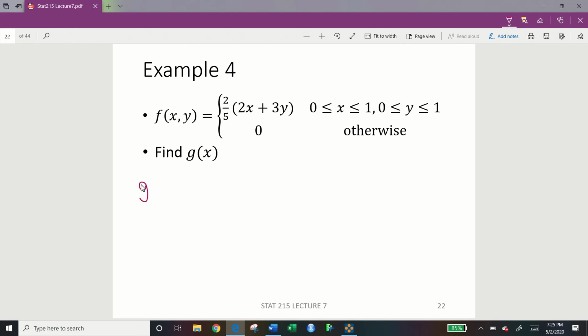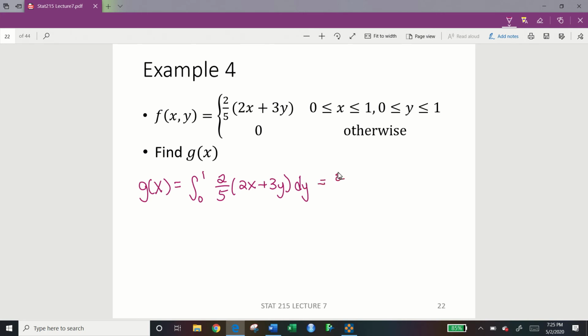So, for g of x, we are going to integrate from 0 to 1 of our function 2/5 times the quantity 2x plus 3y dy. Remember, when we are trying to find g of x, we must integrate over y.